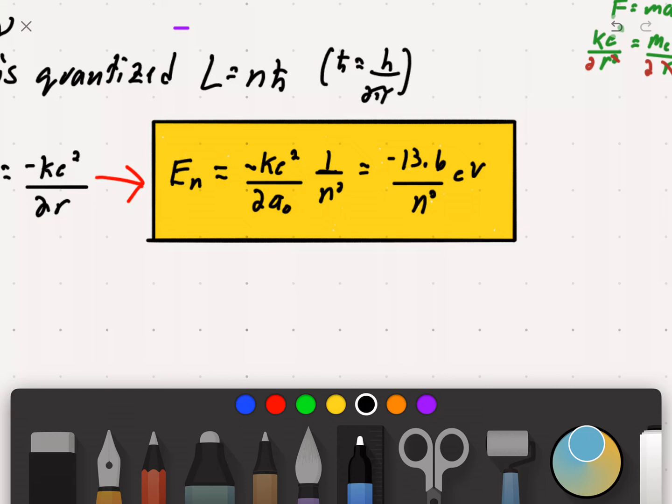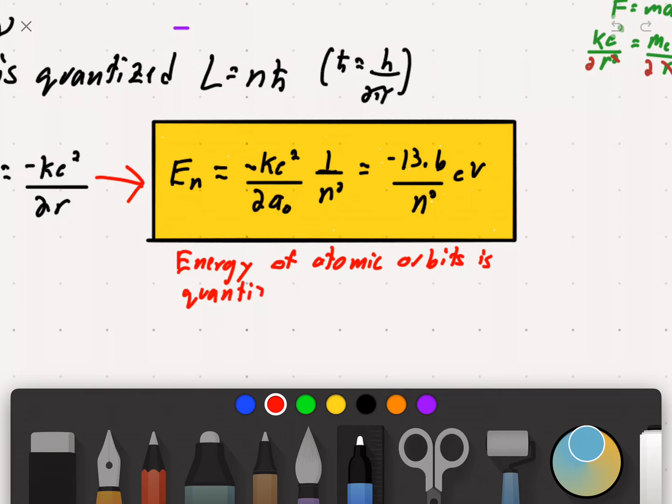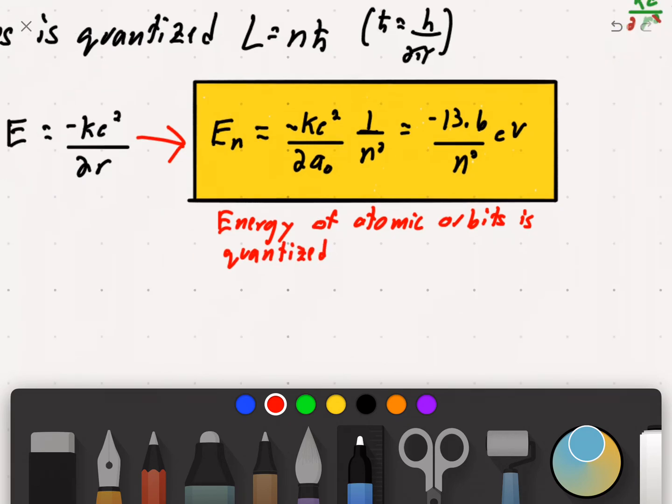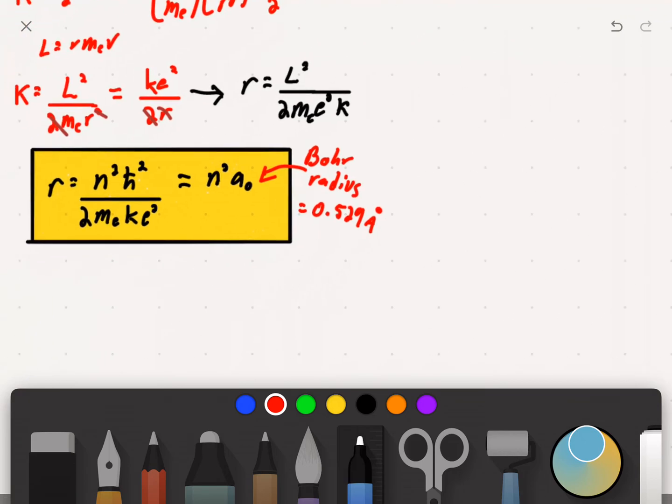We see now from this that the energy of atomic orbits is quantized. So he said that they are stationary states, right?